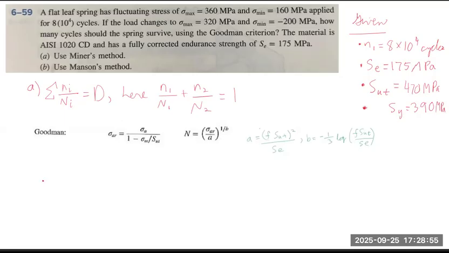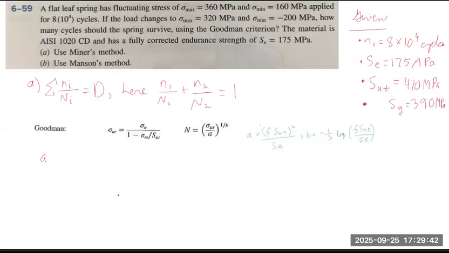we can express that A is equal to 0.9 times SUT, which is 470 megapascals, and all that squared over SE, which is 175 megapascals.